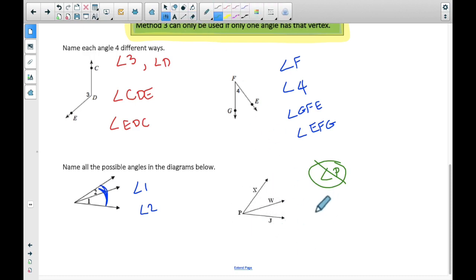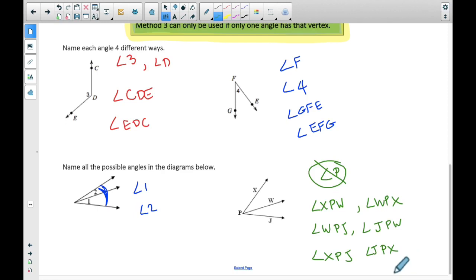All right, but what we could say is angle XPW, or we could go the other way, angle WPX. Those two go together. Or angle WPJ, or angle JPW. And then the outside one is XPJ or angle JPX. So those are my options. Each angle has two different options, and there are three angles altogether.